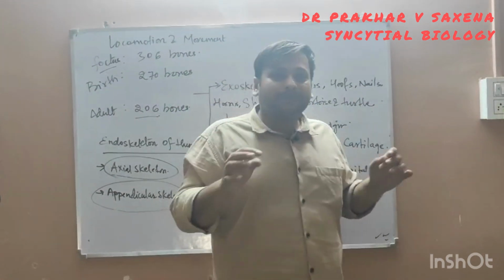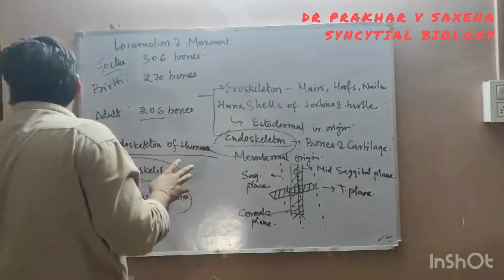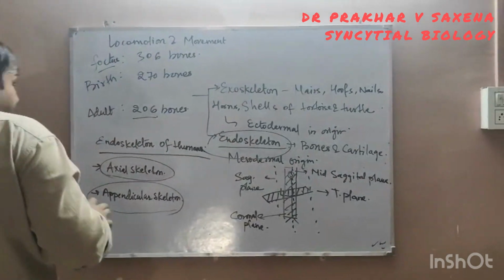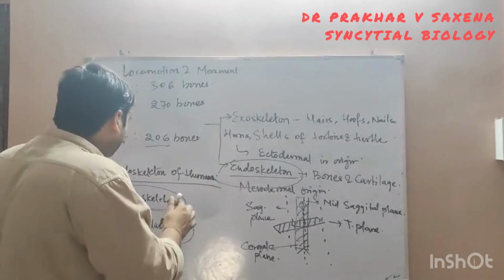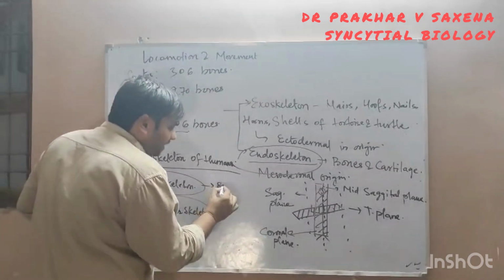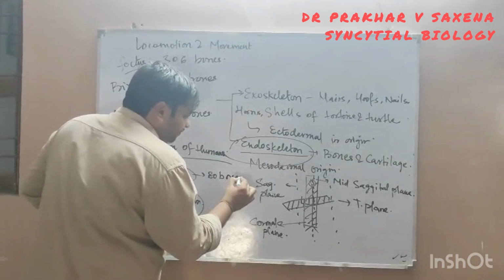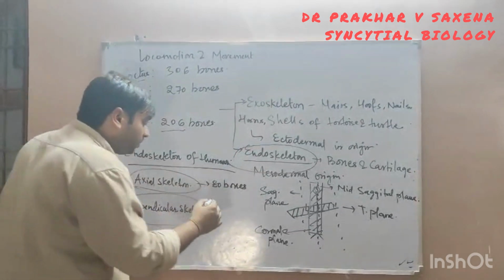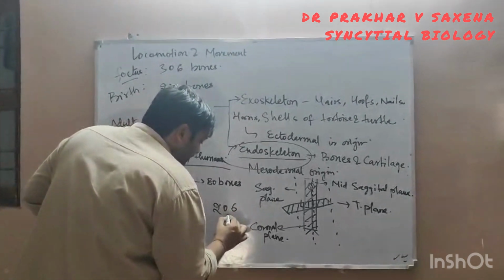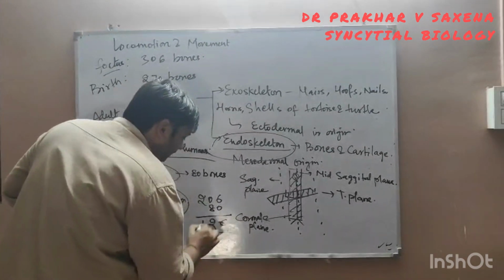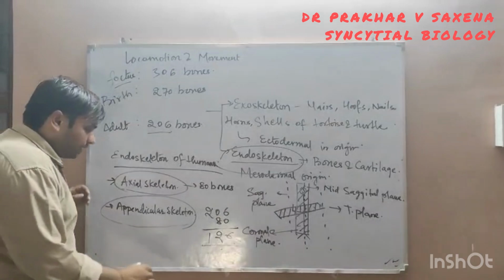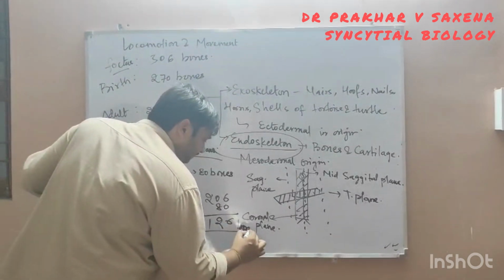So 8 into 10 comes to 80 directly. Or you can simply remember that there are 8 fingers on the axis of your palm. So there are 80 bones in the axial skeleton. And the rest you can easily find out. 206 minus 80 comes to 126 bones under the appendicular skeleton.